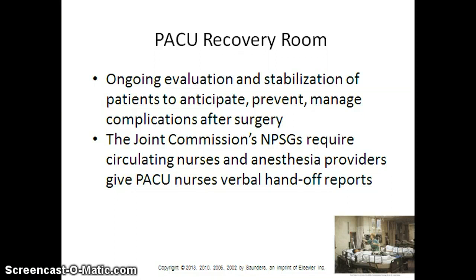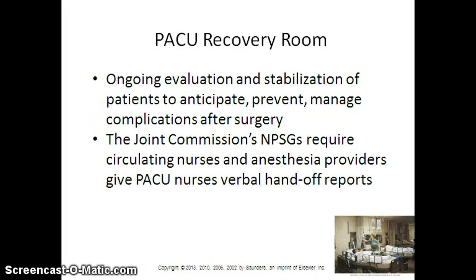Recently, as you can see on this slide, the Joint Commission's NPSG, which is National Patient Safety Goals, require that anesthesia care providers and the circulating nurses give the PACU nurse verbal handoff reports. This is important because we want to have this open line of communication and be able to talk about the patient's condition and what kind of needs they're going to have. So it is a two-way verbal interaction between the health professionals.